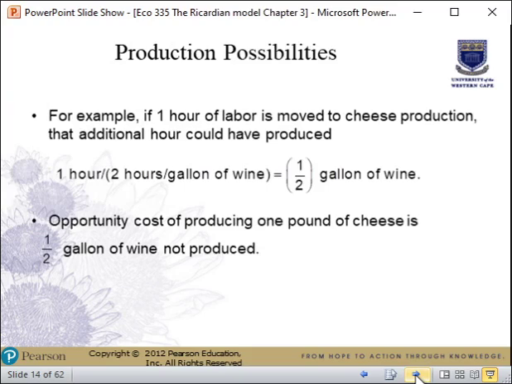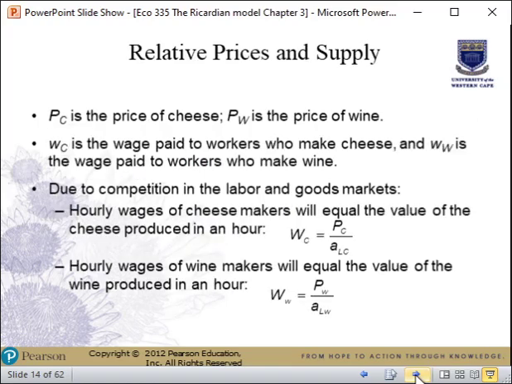Understanding the concept and calculation of opportunity cost is one piece of a puzzle in building our model. However, to determine what each country will produce, we need to introduce prices. Prices enable us to find out the price of one good in terms of the other good, or the relative price of the economy's two products.